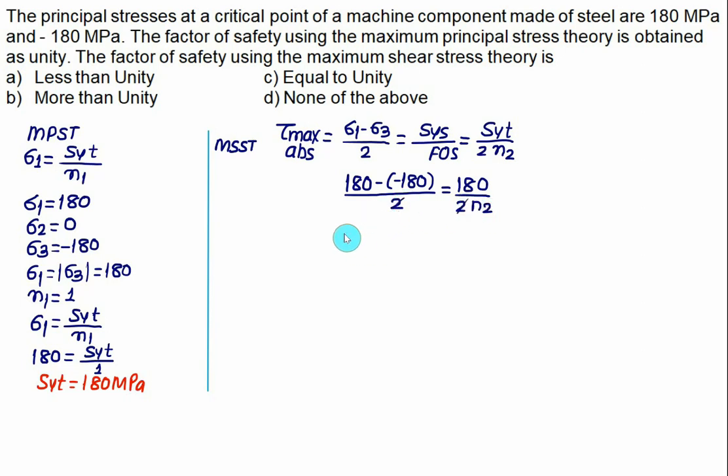So we get N2 equal to 180 divided by 180 plus 180, which is 360. So N2 is equal to 0.5, which is less than 1. So it is less than unity, choice A is correct. If the factor of safety is less than 1, the part will fail. So we have a failure.